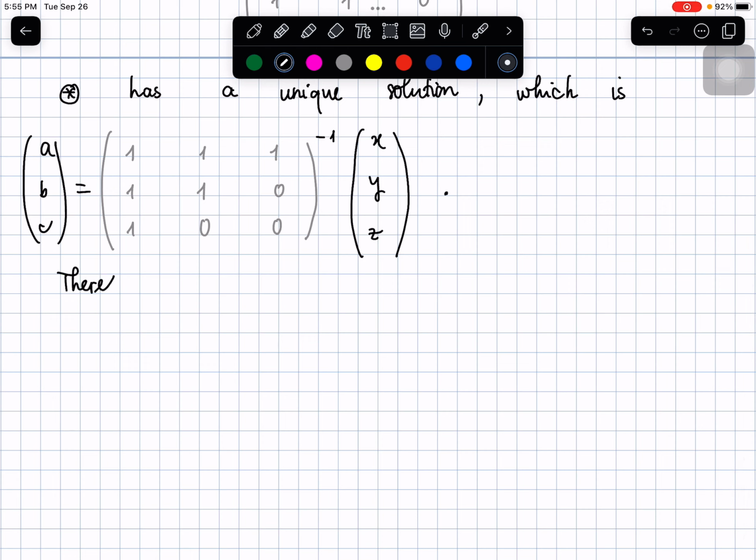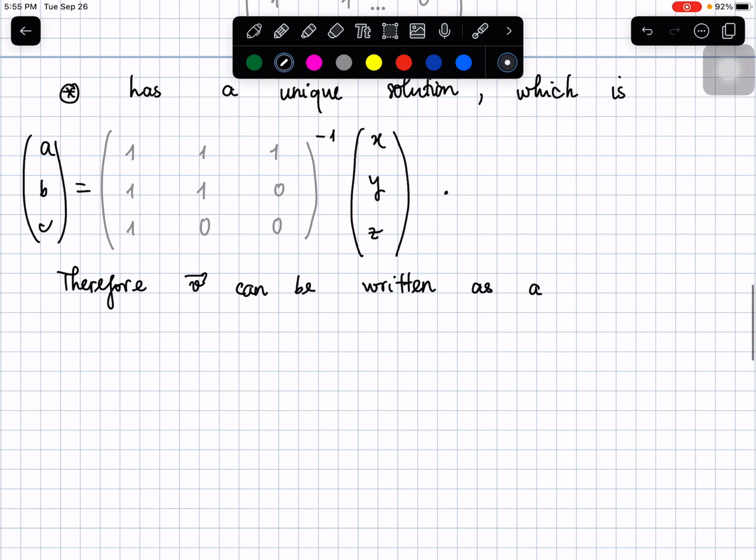Therefore V can be written as a linear combination of V1, V2, V3. In other words, we prove that for any V, so V is chosen arbitrarily in R3, right?